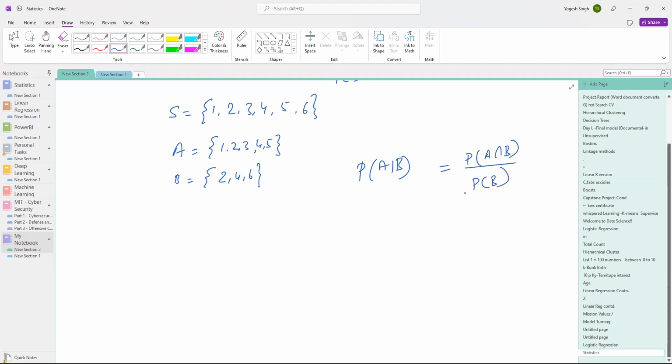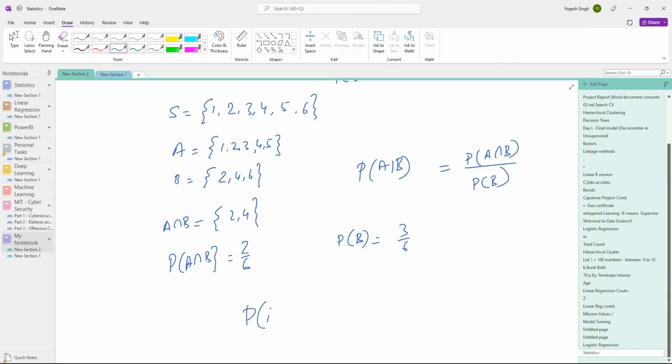It is P(A intersection B) divided by P(B). This is what we know. Now, what is A intersection B? 2 and 4. So what will be the probability of A intersection B? Tell me. 2 by 6. Good. And what is the probability of B? It is directly 3 by 6.